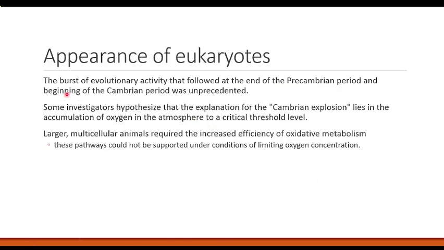The burst of evolutionary activity that followed at the end of the Precambrian period and beginning of the Cambrian period was unprecedented. This coincides with an increase in atmospheric oxygen. When oxygen accumulated and oxidative phosphorylation became a thing, this gave more energy to organisms that are capable of oxidative phosphorylation.